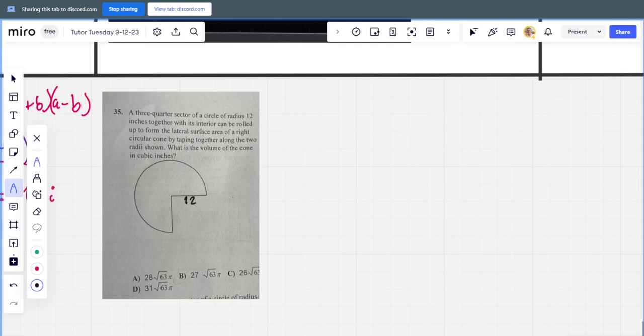Yeah, I'm trying to visualize how this would look. You'd roll it up. The paper would kind of look like that. You roll it up and you want to combine these two together. So, rolled up. 3/4 sector of a circle.